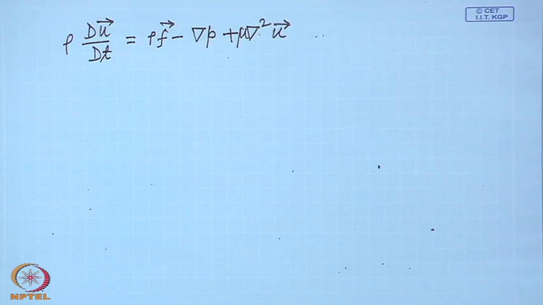So, that term u_j du_i/dx_j is nonlinear, the coefficients are themselves unknown functions or the actual variables. So, the equations are nonlinear partial differential equations.